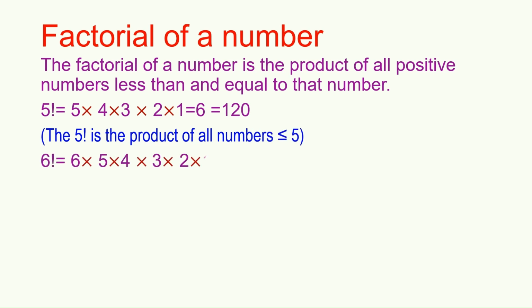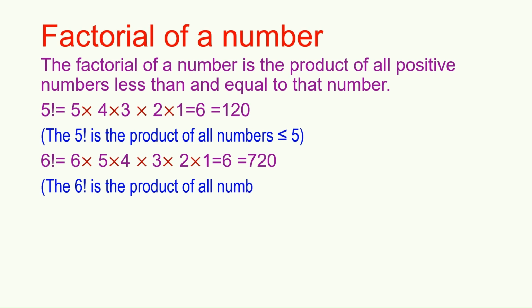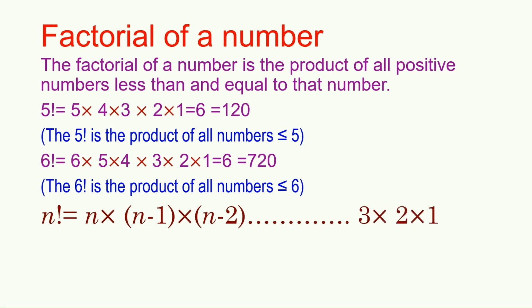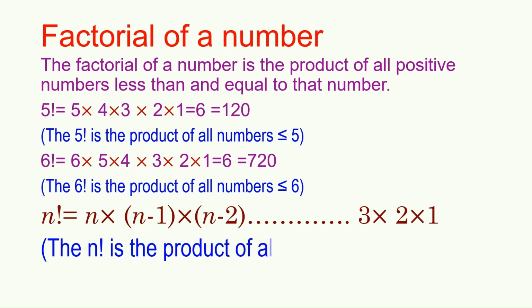Factorial 6: 6 times 5 times 4 times 3 times 2 times 1 is equal to 720. The factorial 6 is the product of all numbers less than or equal to 6. Factorial n equals n times n minus 1 times n minus 2, and so on to 1. The factorial n is the product of all numbers less than or equal to n.